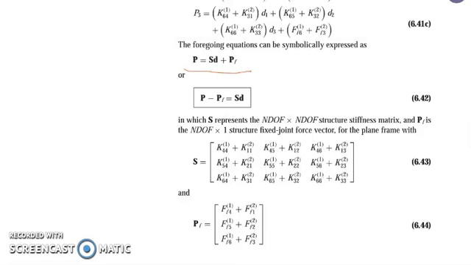And for our P sub F, we're going to identify first the value for our member fixed force vector in the global coordinate system, which is our F sub F, so that we could identify the value for our P sub F. So it is important first to solve for our member fixed end forces, or member fixed force vector, which is our F sub F, that is in the global coordinate system.